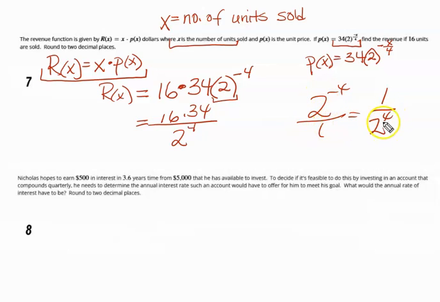It changes its sign. And what is 2 to the 4th? 2 to the 4th is 16. So can we do this? Yes. Just wanted you to see where it came from. Now, what happens here? I don't have to multiply this. I have a common factor of 1. So my answer then for number 7 is $34.